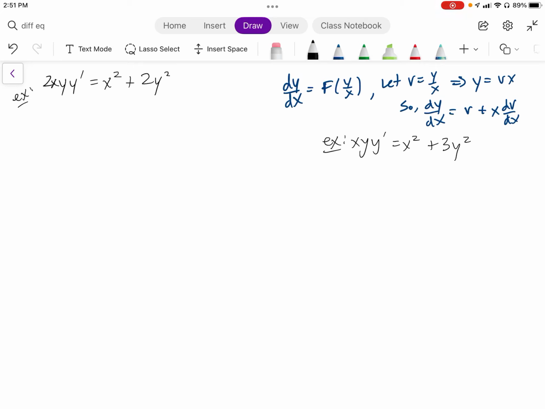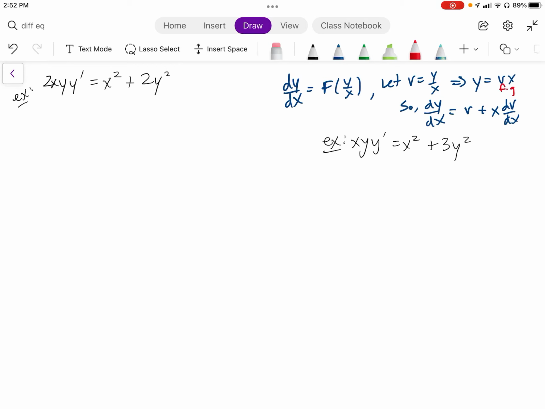First, we can solve for y. y equals vx. Also, at that point, we could take the derivative of both sides with respect to x, and by product rule, we know dy/dx would be v plus x dv/dx. Why? Because remember f times g: the derivative is f prime g plus f g prime.